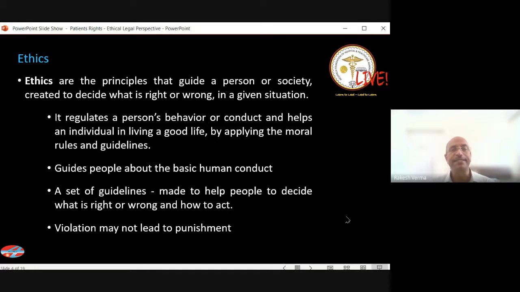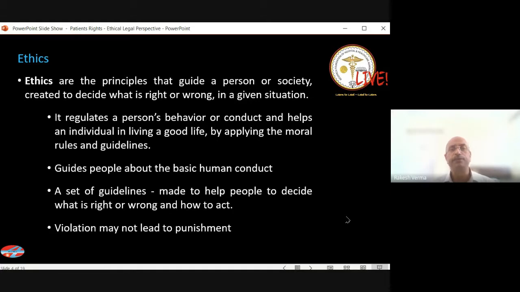They are the principles that guide a person's actions or conduct in respect to a society and decide whether these conducts are right or wrong. It regulates a person's behavior and helps an individual in living a good life by applying moral rules and guidelines. Please remember that the difference is that the moral rules and guidelines are applied in the context of a society. So the ethical principles guide people about the basic human conduct in a society.